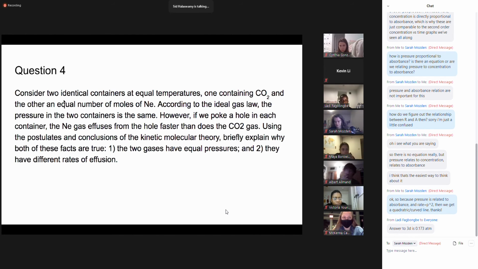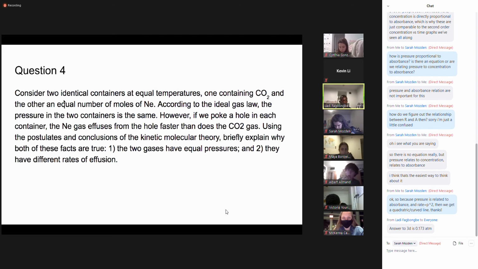So if we have the same number of moles, we should ideally have the same frequency of collisions. And if we're at equal temperature, then the relative kinetic energy and average speeds of the molecules should be the same. So even if the masses are different between the molecules, mv squared should stay the same. So pressure should be the same between the two gases.